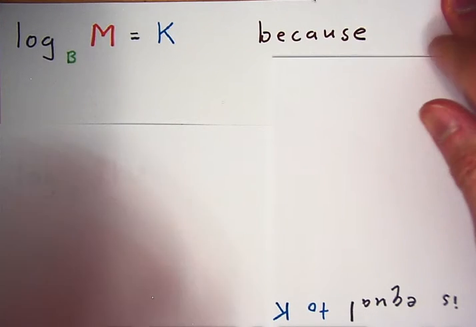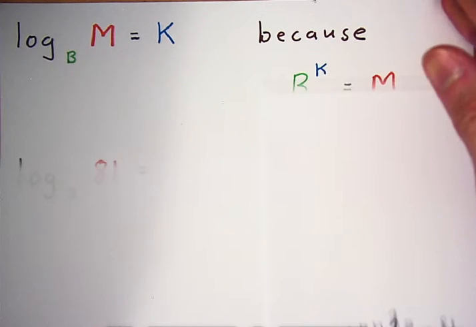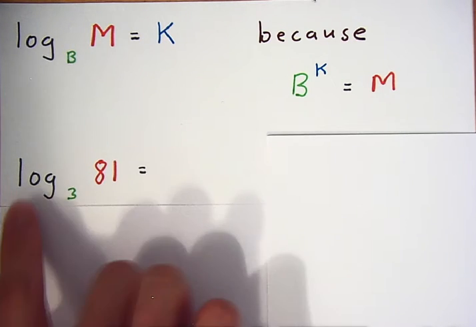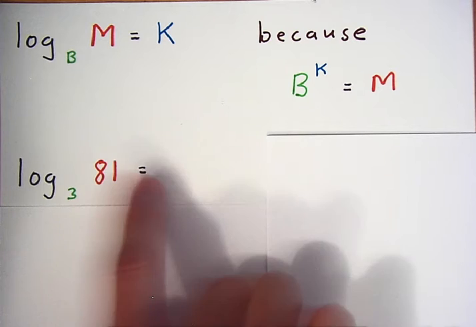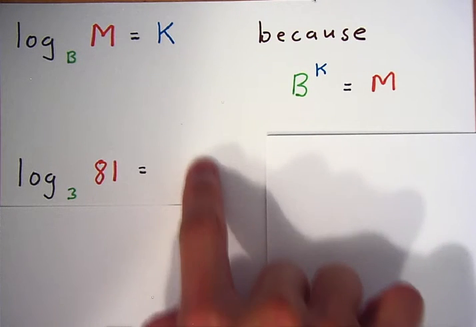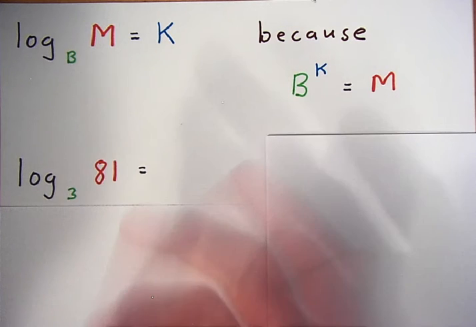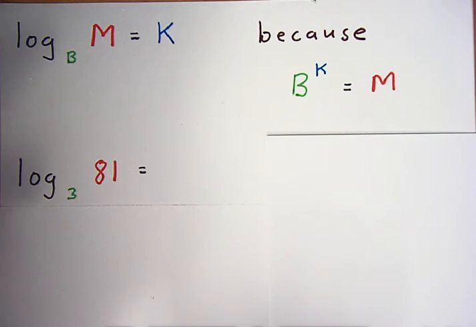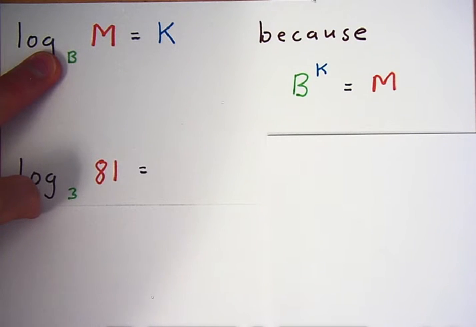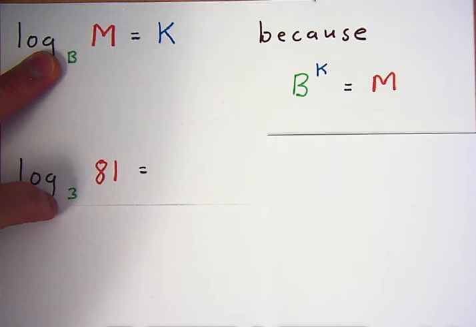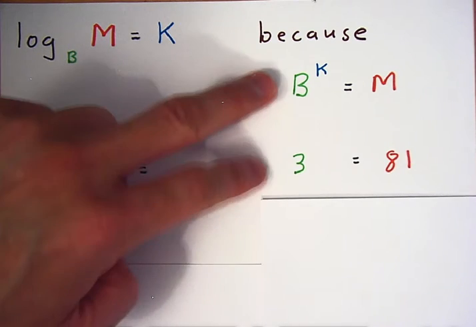Let's say that we have this right here. Log base 3 of 81 equals what? And you were trying to calculate what this is equal to. So this 3 right here is your base. If I was going to write an exponent version of this, your 3 here would be the base for your exponent.